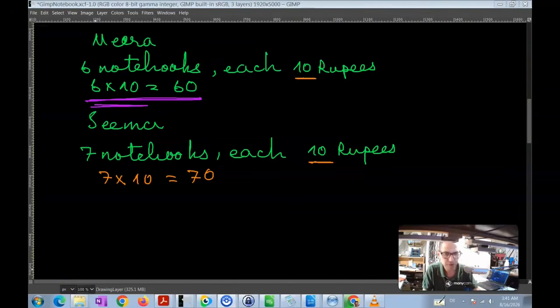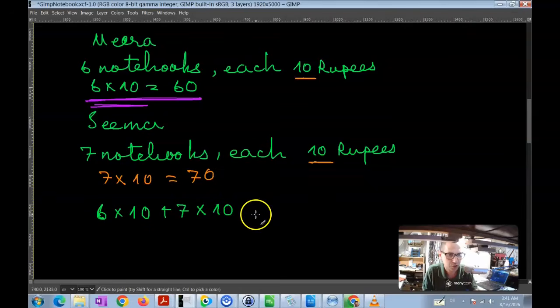Now the way that they calculated the total amount of money that they paid together, Seema said that we had 6 notebooks, each 10 rupees, plus 7 notebooks, each 10 rupees, and that would be the right thing to say or to write.